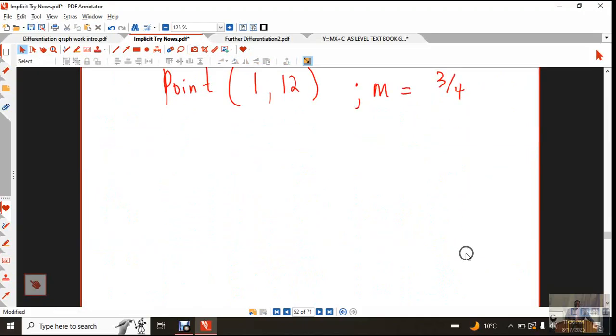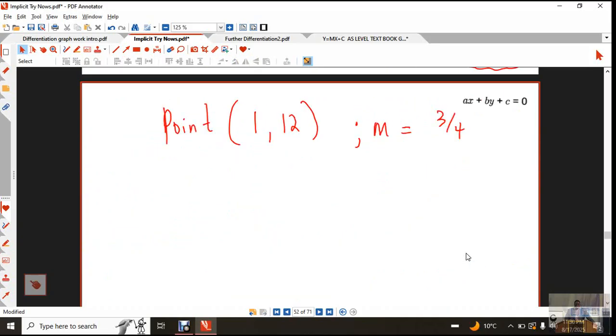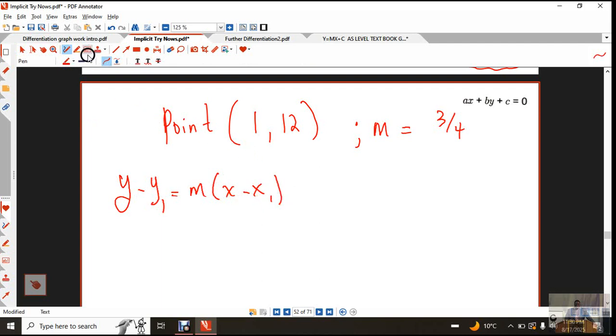Right. So using our formula, that by now should be part and parcel of your DNA, that is y minus y sub 1 is equal to m times x minus x sub 1. The point over here will be our x sub 1, and that point will be our y sub 1.